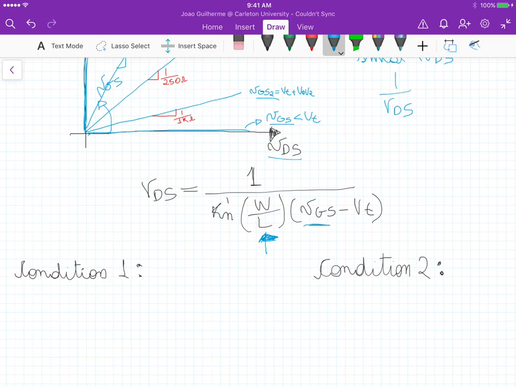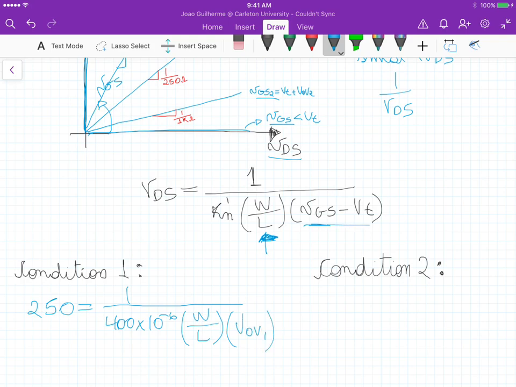So the first condition is that RDS equals 250, and that equals 1 over Kn, where Kn is 400 microamperes per square volts, so 400 times 10 to the minus 6, times the aspect ratio, times the overdrive voltage, which I'll call overdrive voltage 1, because this term here is the overdrive voltage.